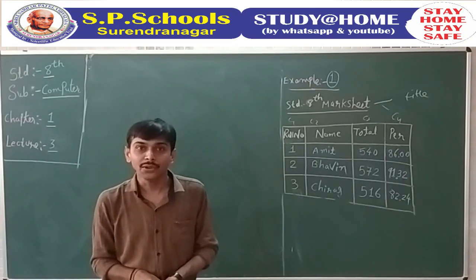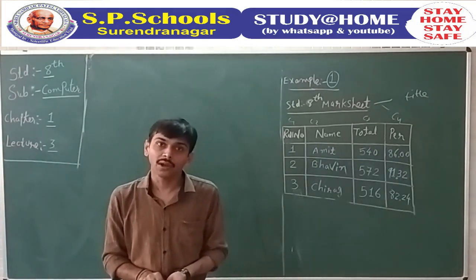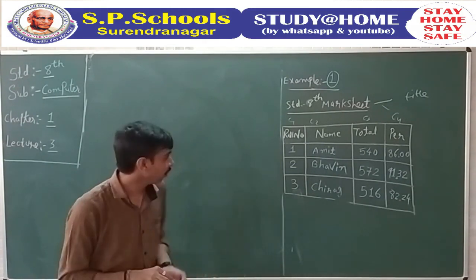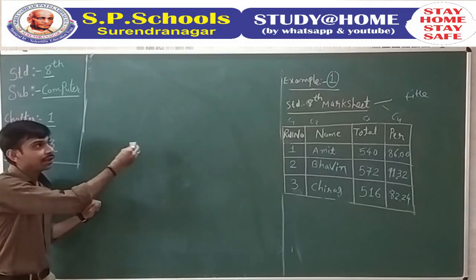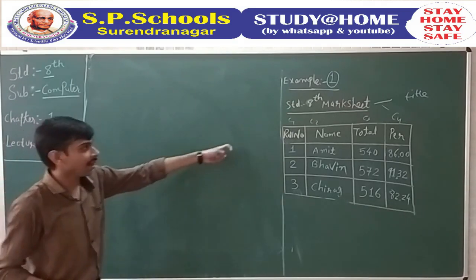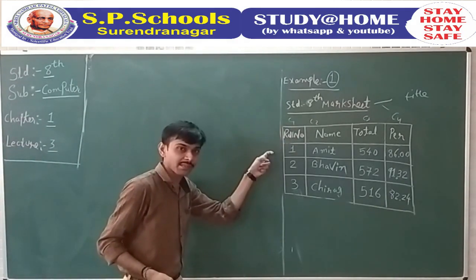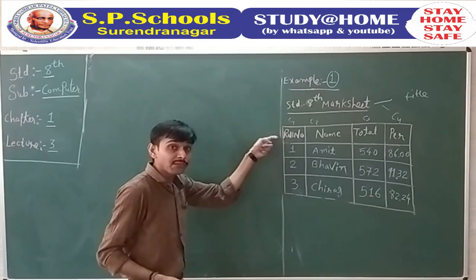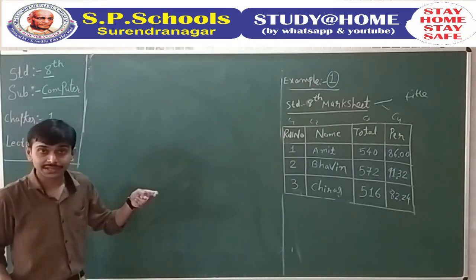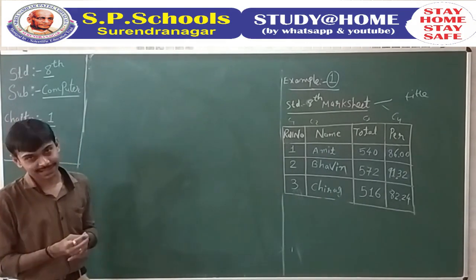Students, now we are going to learn our previous example of chapter 1. Now we are going to write the code and tags for creating this example. In the previous lecture, you have seen this example and written it. Now we want to write the tags, the code for this example.